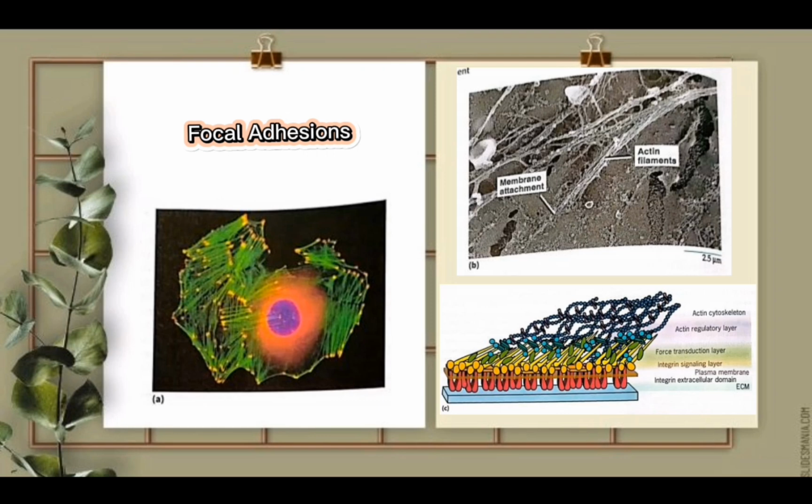So there are linkages with the cytoskeleton, in turn leading to the clustering of integrins at the cell surface. Linkages with the cytoskeleton are mediated by various actin-binding proteins such as talin, which is shown in the picture in yellow, and alpha-actinin, which is shown in purple, and that bind to the B subunit of the integrin.